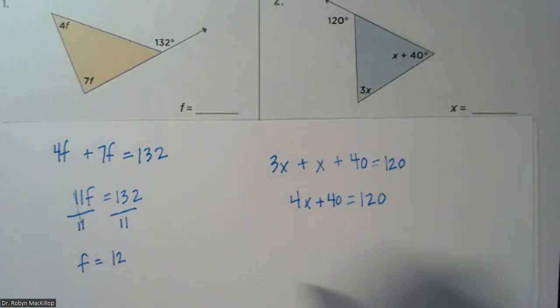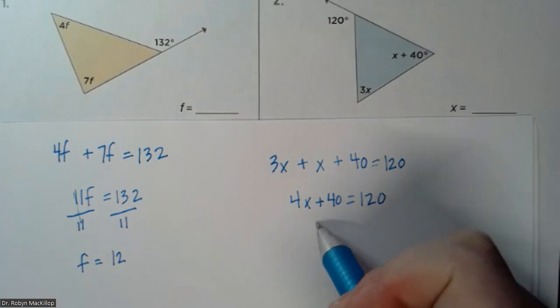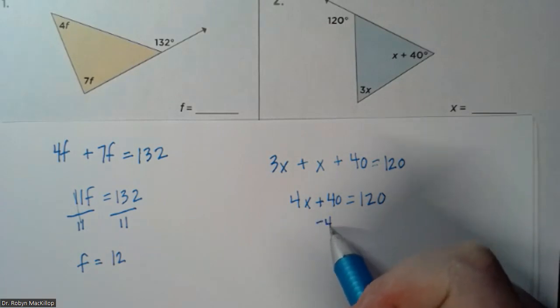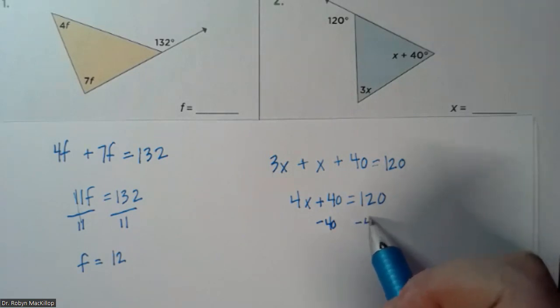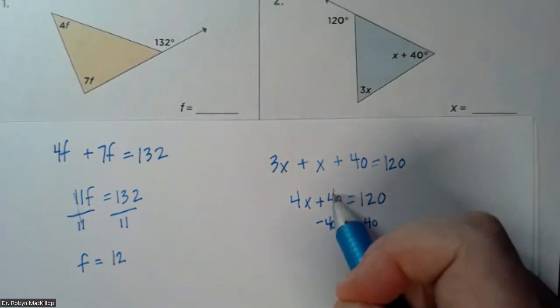Because it is. What's our next step to clear the number? Yeah, we're going to get rid of that 40, because it'll clear it from this side. We have to do the exact same thing over here. So these 40s are gone.